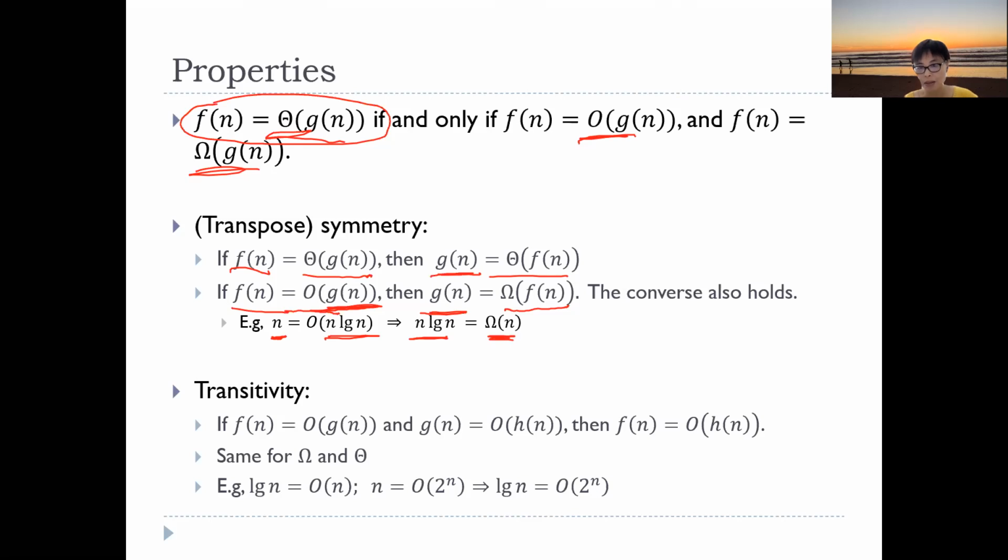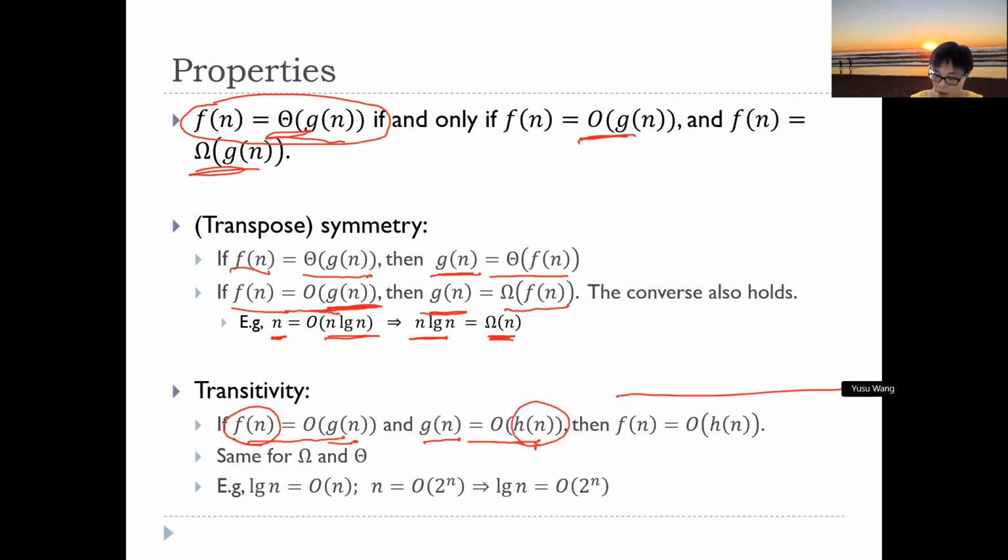Again, it's useful to think in terms of the analogy of smaller than or equal to, bigger than or equal to of numbers. Also, if f of n is bounded from above by g of n, and g of n is bounded from above by another function h of n, then f of n is also smaller than the third function.